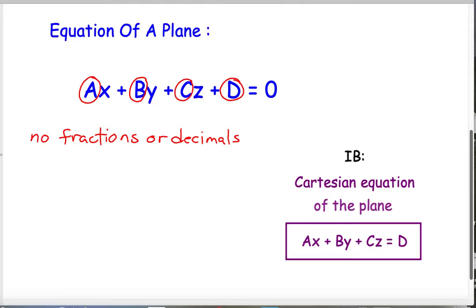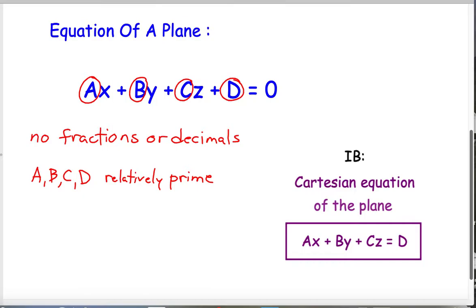If you have decimals, multiply by the power of 10 that'll eliminate all the decimals. Also, A, B, C, and D should be relatively prime, and that means that they have no common factor. If there is a common factor, you should divide both sides of the equation by that common factor.